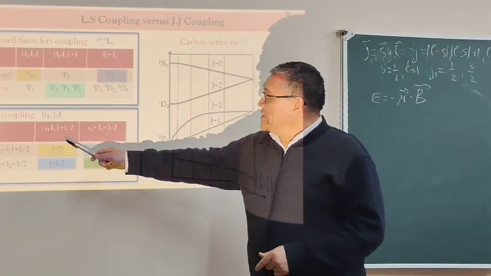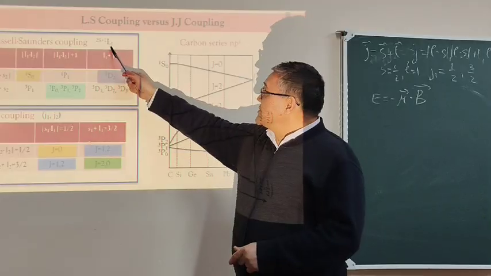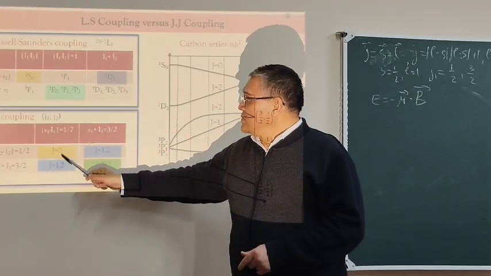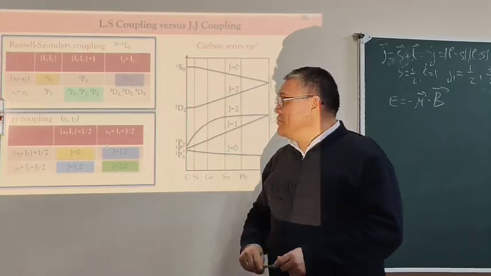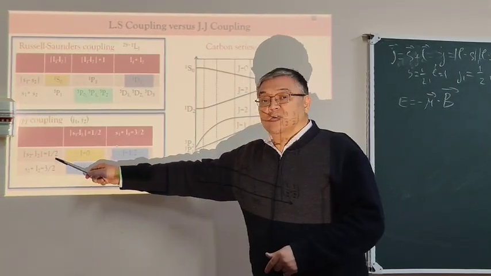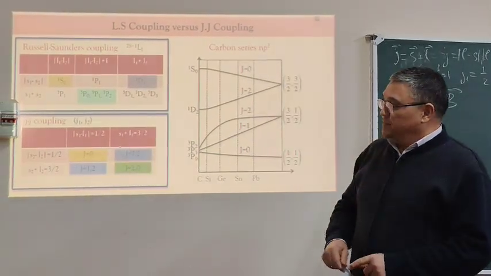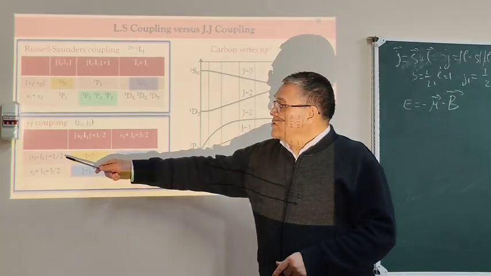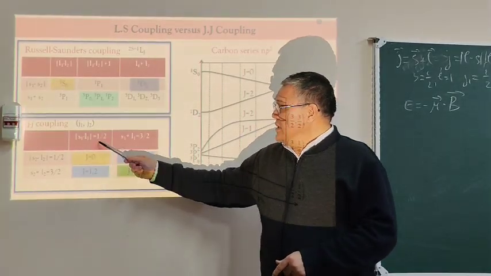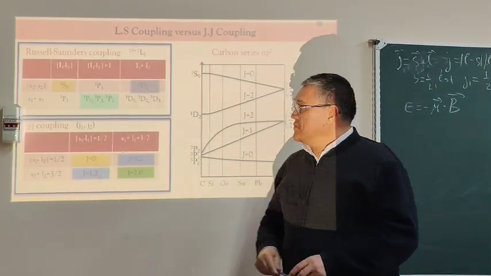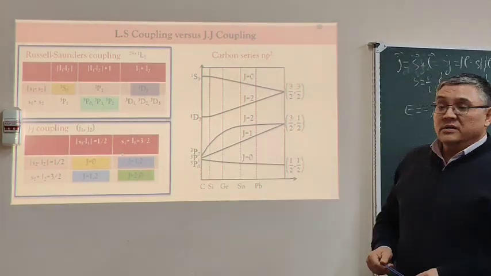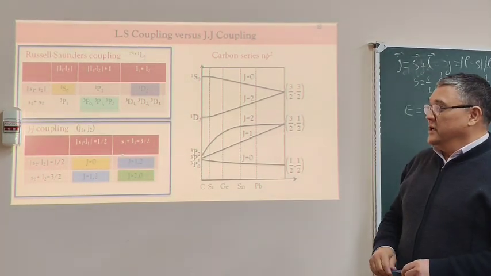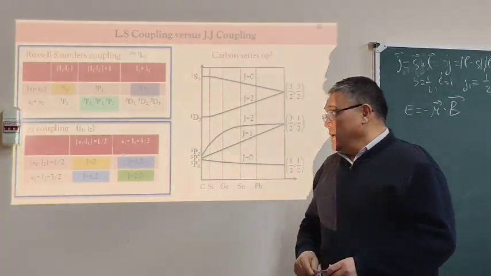So in this case we don't have this notation, and we only count the j values. For example, in this case J equal to 0, because the total momentum of the second electron is 1/2, and the total momentum of the first electron is 1/2. So 1/2 and 1/2 will give us J equal to 0 here.